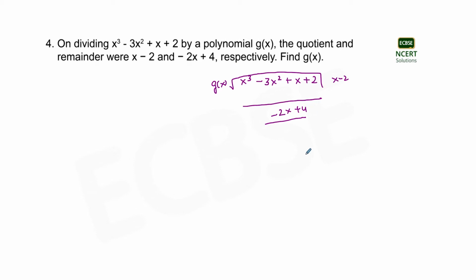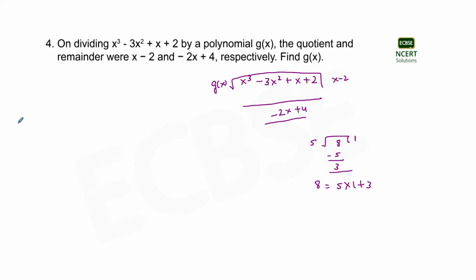Now let us take an example that divides the number 8 by the number 5. On dividing 8 by 5, as we know, 1 is obtained as the quotient, as 5 into 1 is equal to 5, and 3 is obtained as the remainder. We can write 8 = 5 × 1 + 3, which means that dividend is equal to divisor into quotient plus remainder.